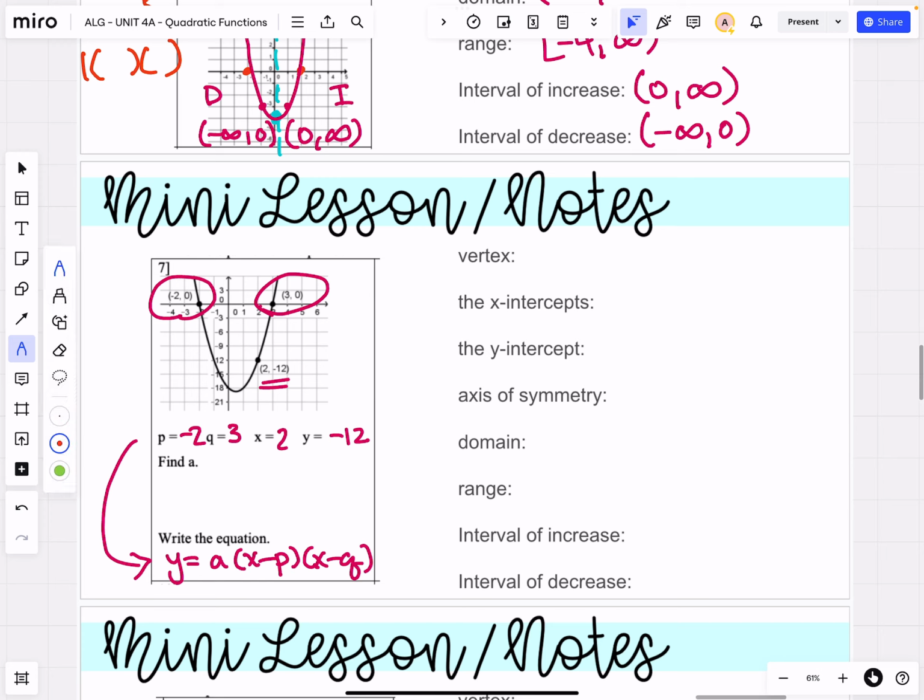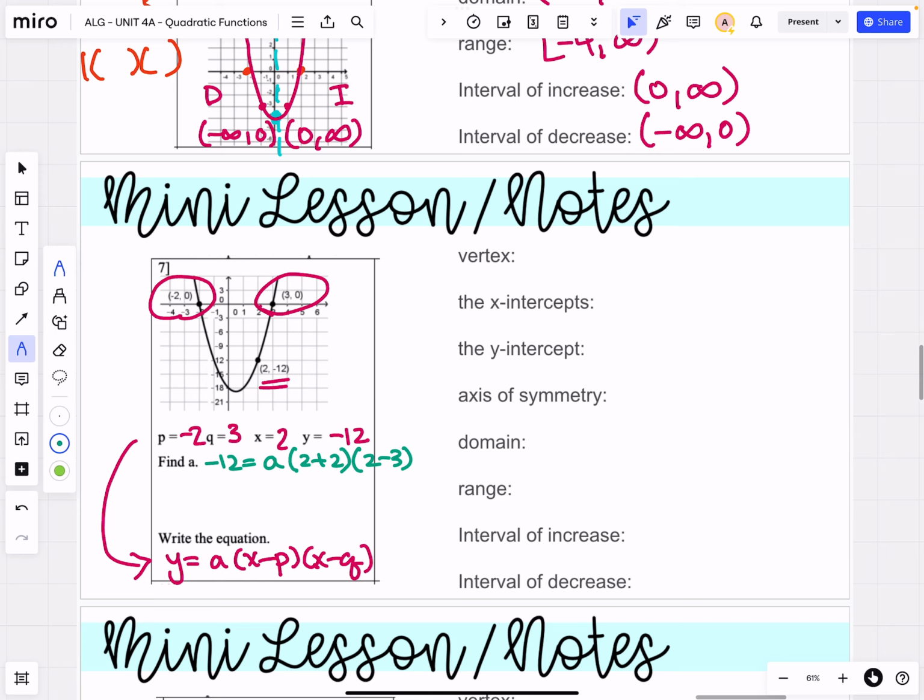So let's put everything together. Y is negative 12, equal to a times x, which is 2, minus p, which is minus negative 2, also known as plus 2. And then multiply that by x, which is 2, minus q, which is 3.